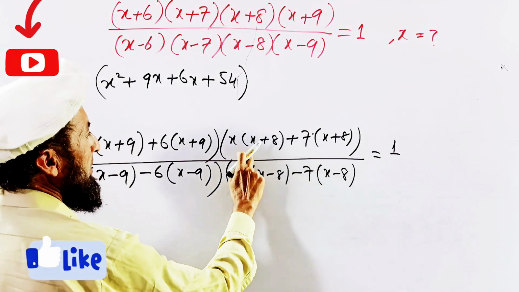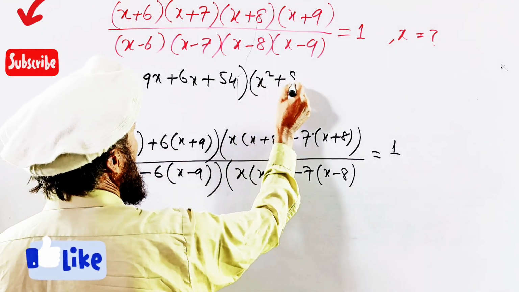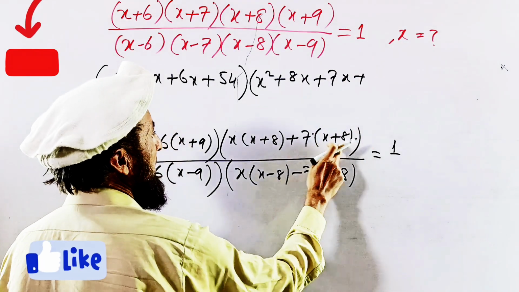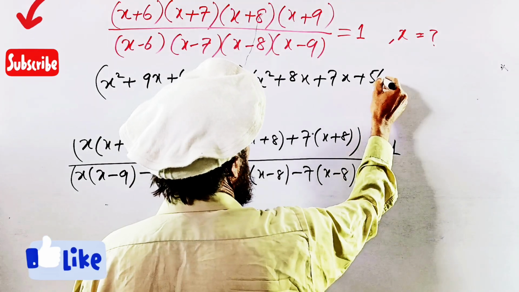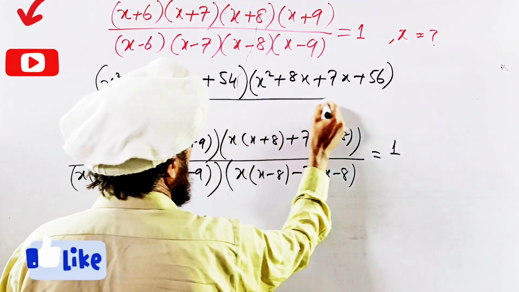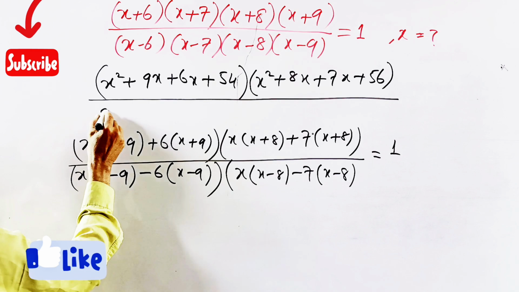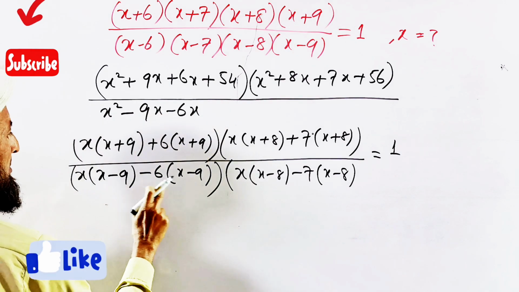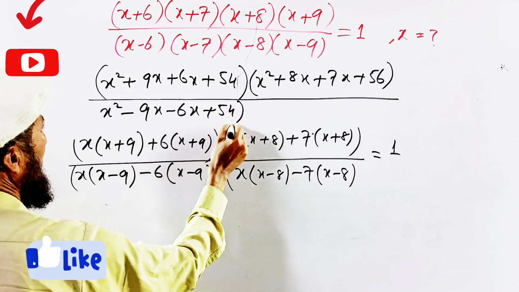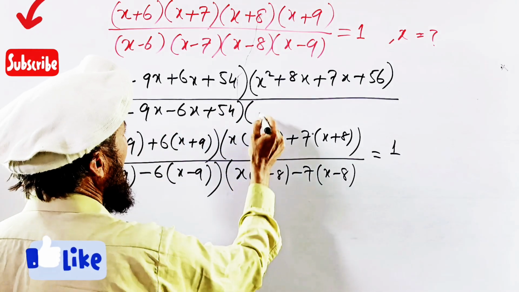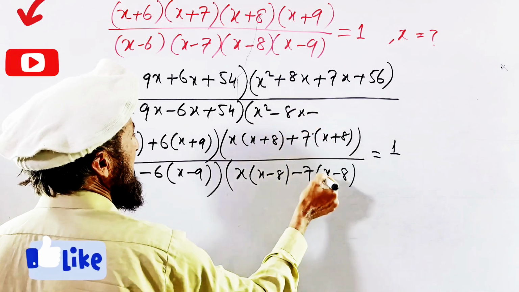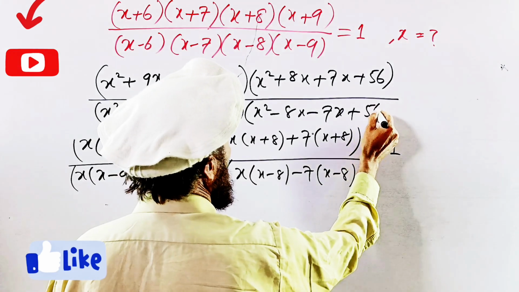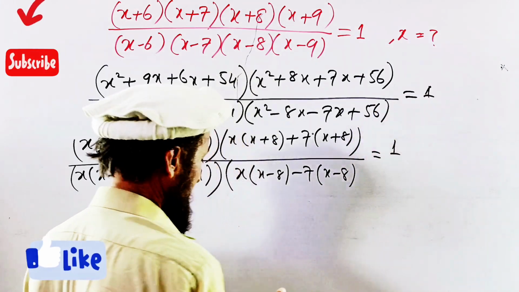Similarly, x square plus 8x plus 7x plus 7 multiplied by 8, 56, close the bracket, divided by x square minus 9x minus 6x plus 54, and x square minus 8x minus 7x plus 7 multiplied by 8, 56, is equal to 1.